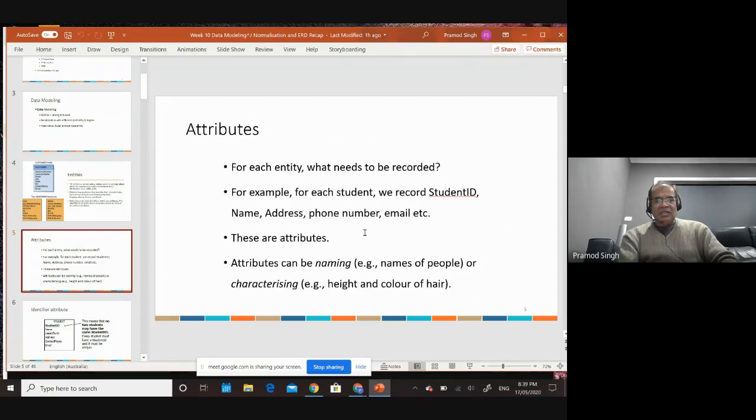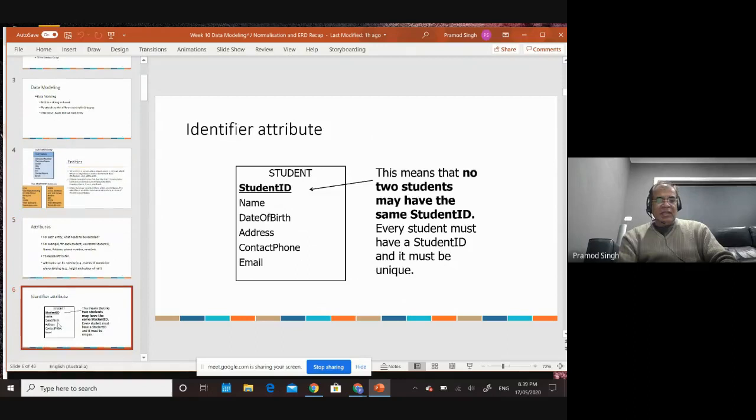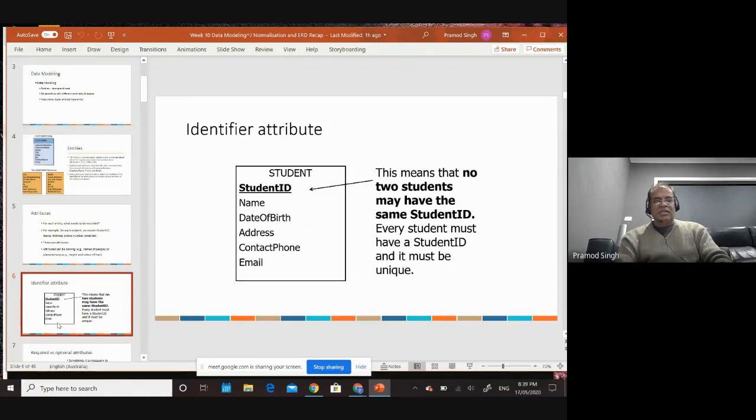You can also see that student is an entity, and a student can be represented with the student ID, student name, address, phone number, email, etc. This particular slide shows that in each entity there is an attribute called the identifier, and an identifier can be a single attribute or a combination of attributes.